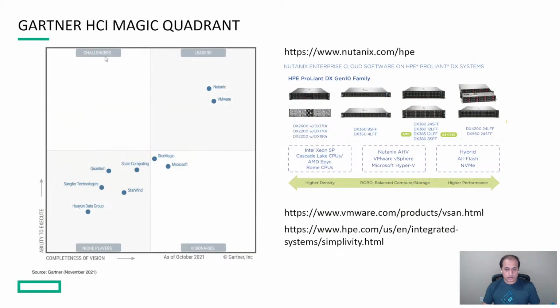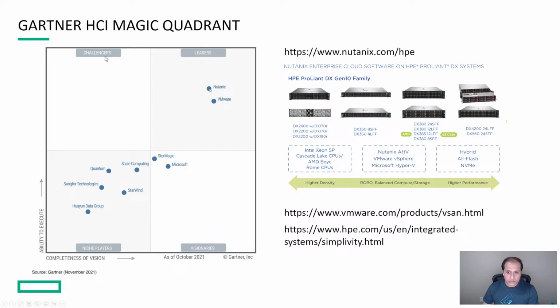When it comes to HCI, there are a lot of vendors out there, a lot of players, and some very important and well-known ones. The one we are talking about is Gartner's HCI Magic Quadrant, which evaluates these HCI offerings from the vendors and how they scale with respect to their vision, ability to execute, the challenges, and how they are performing in the market.